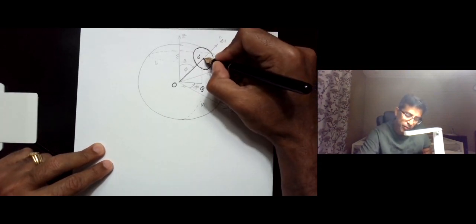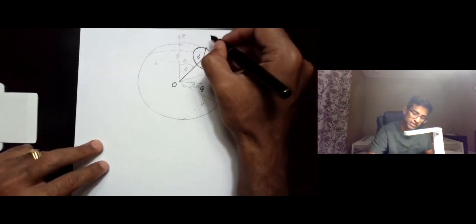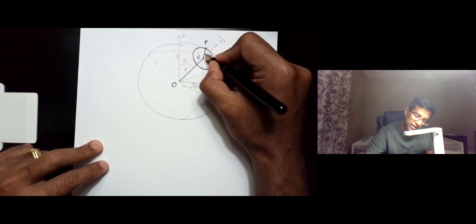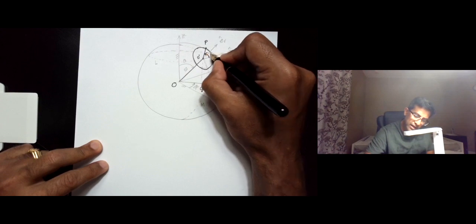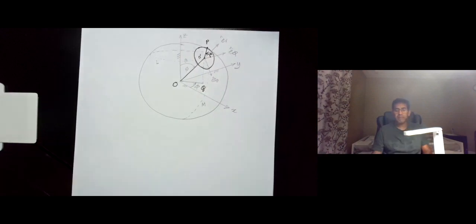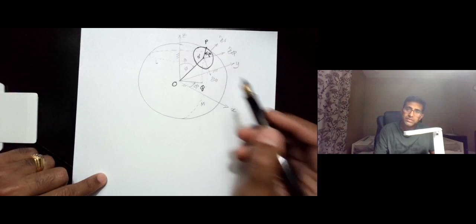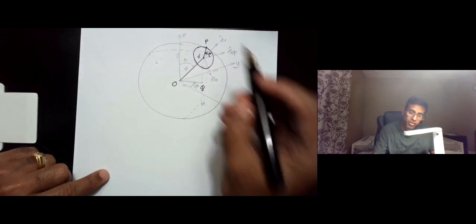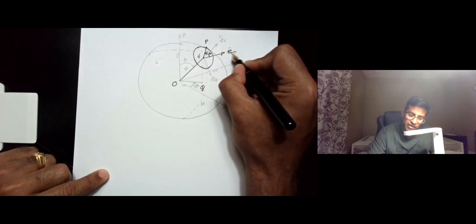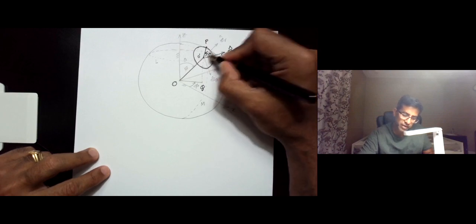Now there is a point P on the periphery or the circumference of the disk, and it makes an angle alpha with the E phi axis. Remember that the E phi axis, since it is along a latitude, is always horizontal. So this is E phi, and angle alpha is being measured from there.